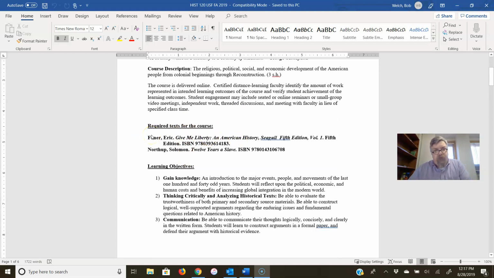Okay, textbooks. Our main textbook is Give Me Liberty by Eric Foner. Eric Foner is one of the best American historians in the field today. His textbook is a real asset to you. That's where our main assignments will come from. Additionally, later in the semester, we're going to be reading 12 Years a Slave.